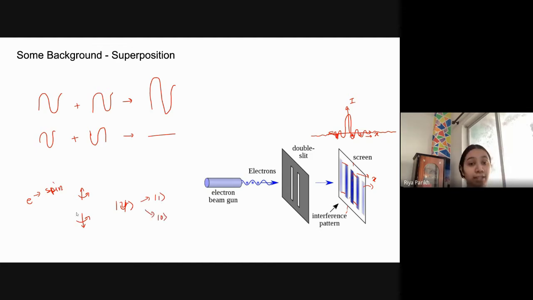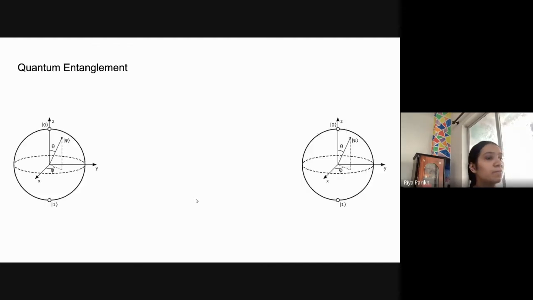But an electron can also be in both spins, up and down, until you measure it. So it's a kind of superposition of spin up and down. Similarly, a qubit has states 1 and 0. So an electron can also be made into a qubit. Okay.